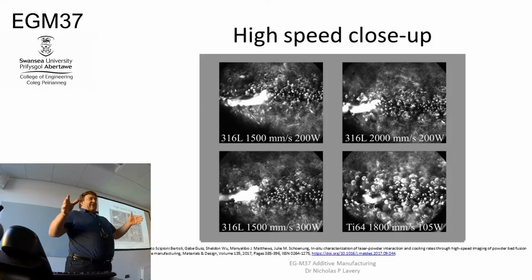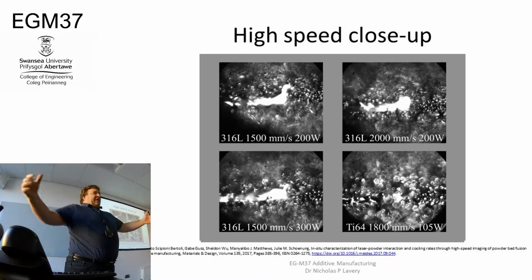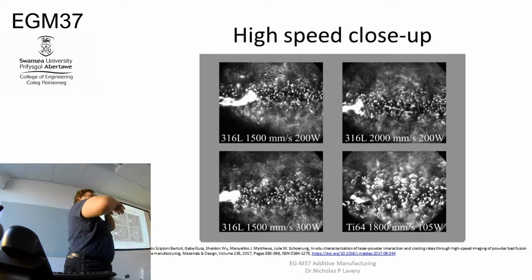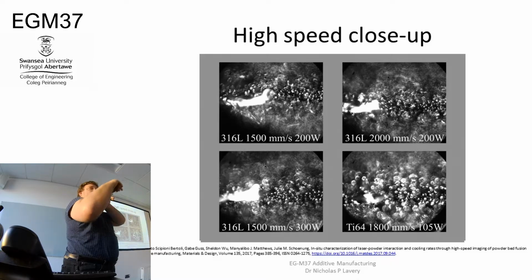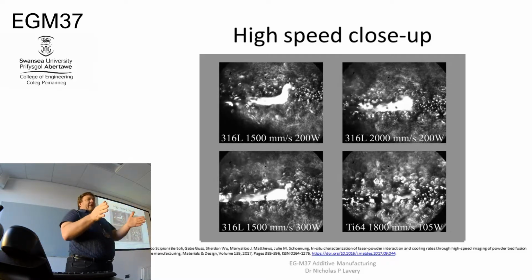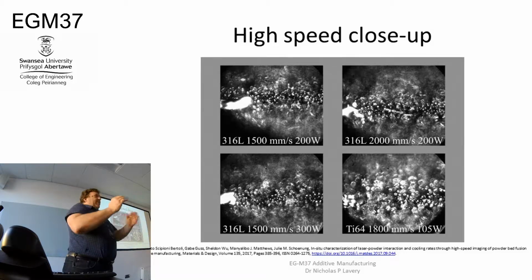As the melt pool goes along, it gathers powder from around it, pulling it into the melt pool and forming a bead on the top. That's often why you need quite a lot of powder and a relatively wide hatch spacing, in order to get these tracks to overlap.